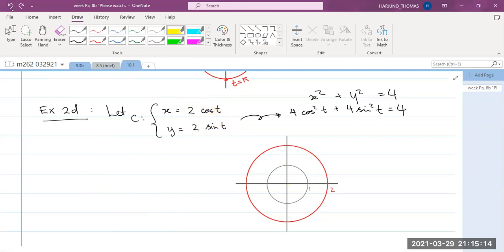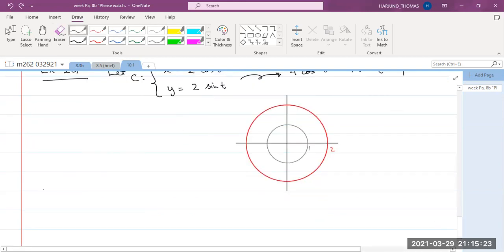Now that gives us the idea. So what happens if we extend it differently? Let's say, for example 2e, we have curve C be x equals 3 cosine t, y equals 2 sine t.